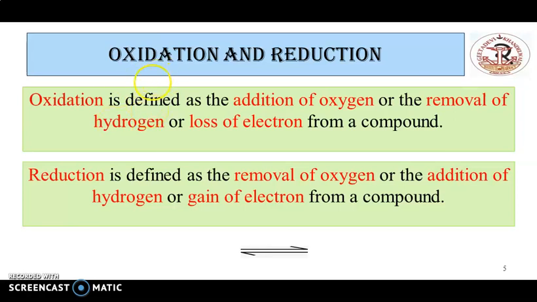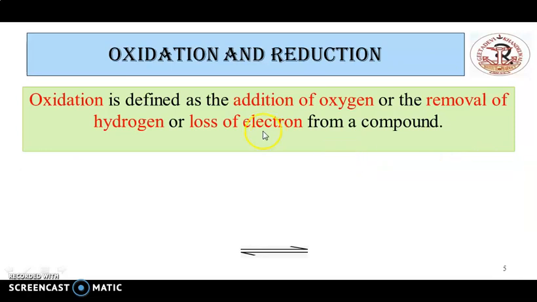See here, in oxidation the addition of oxygen takes place, and in reduction removal of oxygen takes place. In oxidation removal of hydrogen takes place, and in reduction addition of hydrogen takes place.